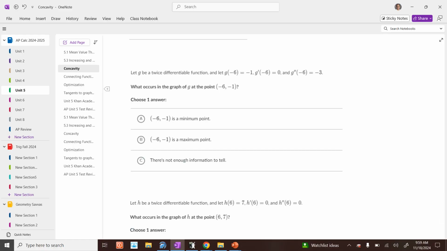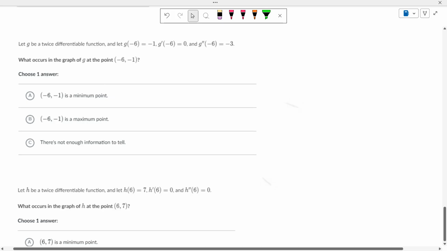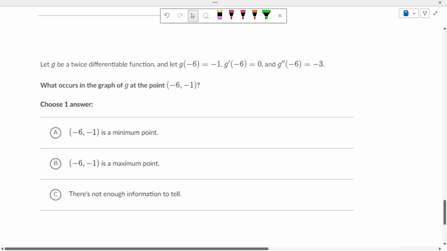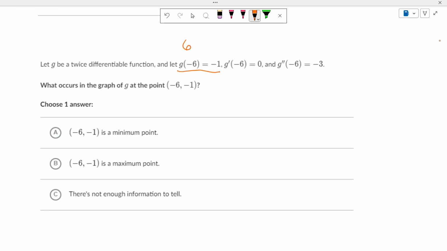This is where it gets a little trickier. So if you're not paying attention now, pay attention to this. This says the point 6, -1 is what we're looking at. That's the point. This says the slope is 0. What happens when the first derivative is equal to 0?